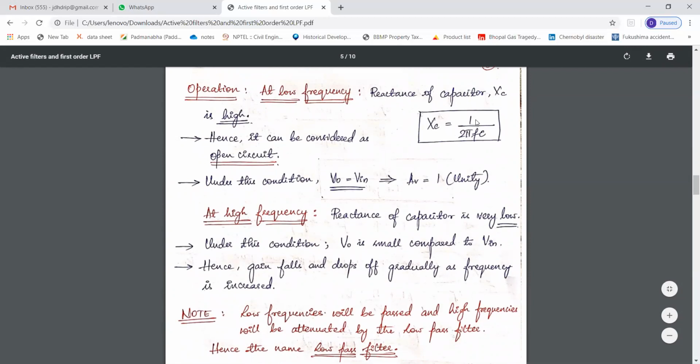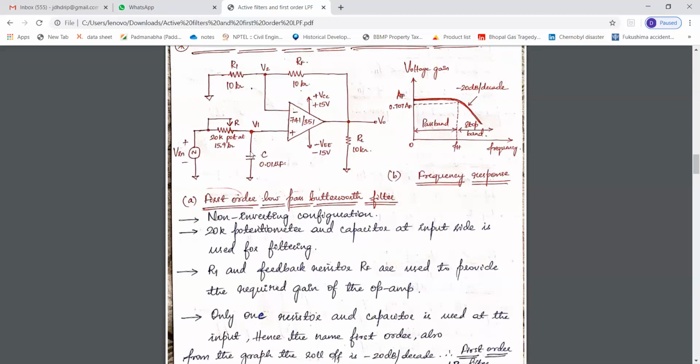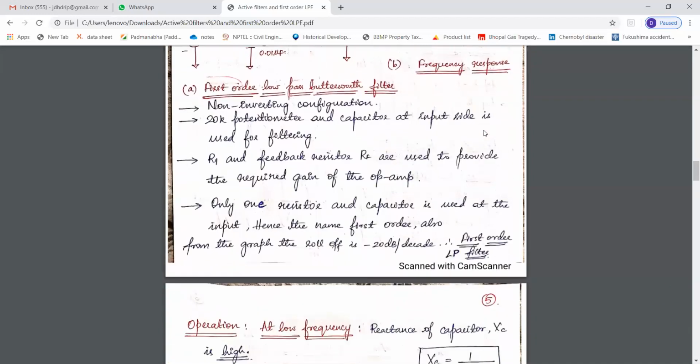So it will not be an open circuit now. Some amount of current will flow here, and the output voltage is very much lesser than the input voltage. So it will gradually decrease at the rate of minus 20 dB per decade. So the frequencies are being attenuated here, and this band is represented by the stop band.